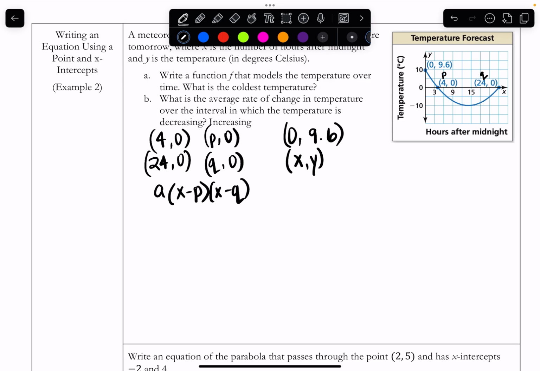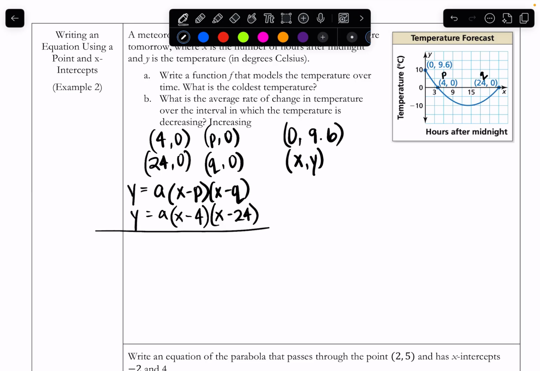Remember, it's minus in those parentheses. All right, so here that means I have 4 and 24 being subtracted from the x's. Okay, and then so that's my first part.